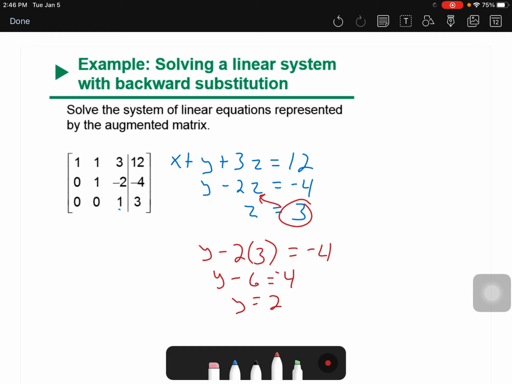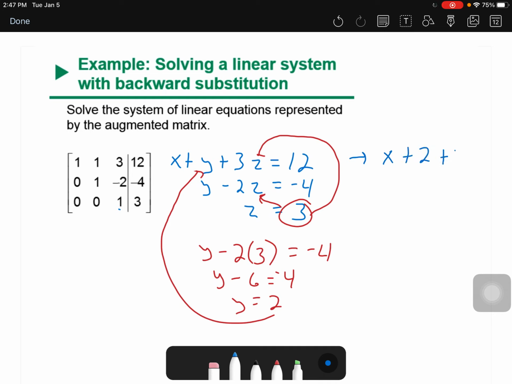So now I've got two of the variables: z equals 3 and y equals 2. Now I can take those both and put them up into the top one. I'll change colors again. So if I do that, I'm going to have x plus 2 and then plus 3 times 3 equals 12. I'm going to solve that equation.